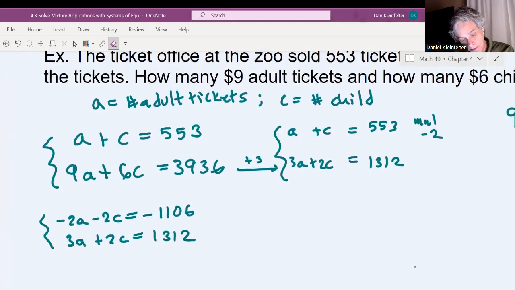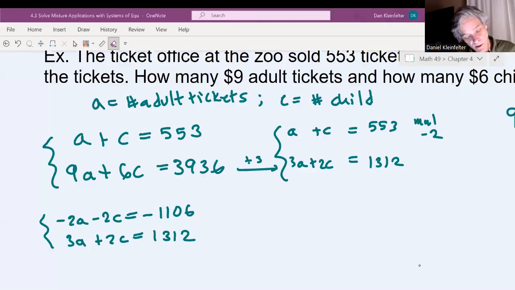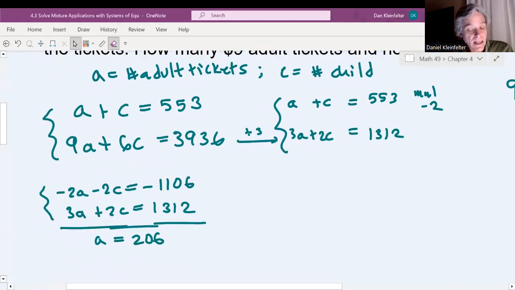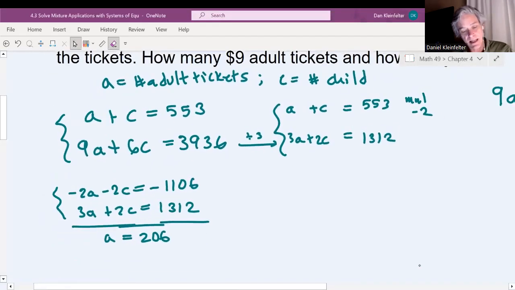Now, when we add together the two equations, we'll see that the C's go away, and we'll just be left with A. So that's 1312, and we're going to subtract 1106. So 206 adult tickets, it looks like. And then to get the number of child tickets, I think it'll be easiest just to subtract from 553.